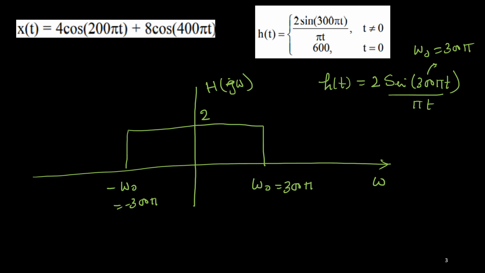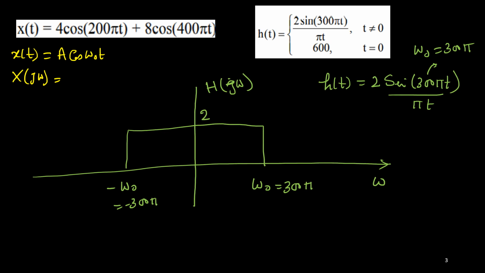So you know that if x(t) is a cos omega naught t, then capital X of j omega has two parts, one positive side impulse and a negative side impulse.